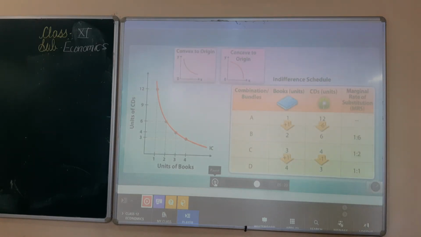Note also that the indifference curve is convex to the origin. This represents a diminishing marginal rate of substitution.